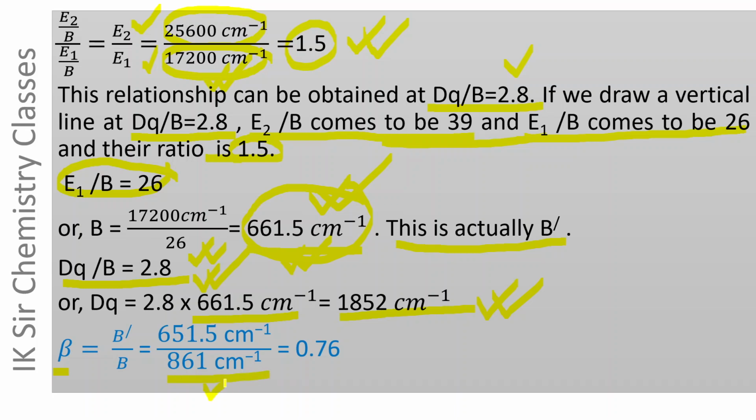This value has been given in the table in previous videos, and the value of beta, that is the nephelauxetic parameter or nephelauxetic ratio, is equal to 0.76. Thus we have calculated the Racah parameter, crystal field splitting parameter, and nephelauxetic parameter with the help of the TS diagram.